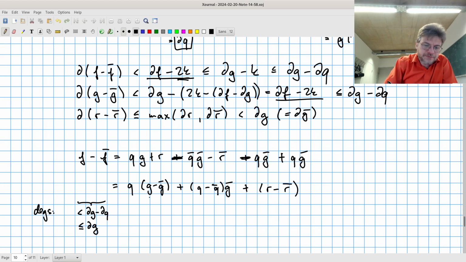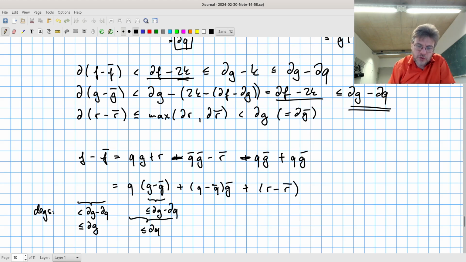And here we have said that the degree of the difference of g and g bar is at most this one here, degree g minus degree q. But now I multiply this with q, so altogether this is at most the degree of g. Now this one is equal to the degree of q plus the degree of g bar, which is by assumption the degree of g, and all those ones we said that they all have a degree less than the degree of g.